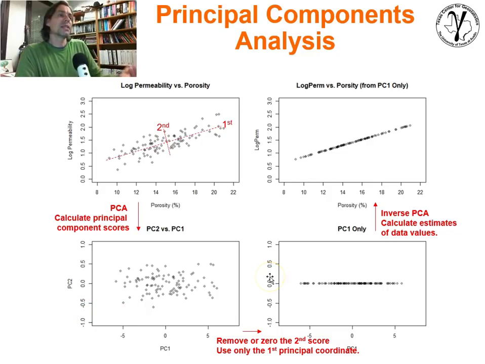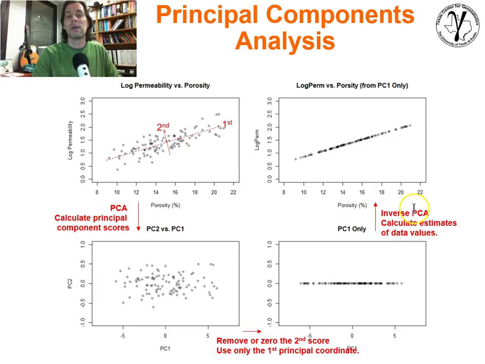We can remove the second principal component by just setting all of its principal component scores to 0. Effectively, we're just taking the summation from 1 to p, and that p is now equal to 1. We're ignoring component number 2. They're effectively 0, and so we collapse everything onto the first principal component. There's no thickness here anymore. There's nothing in principal component number 2.